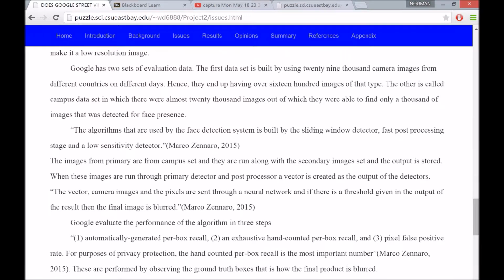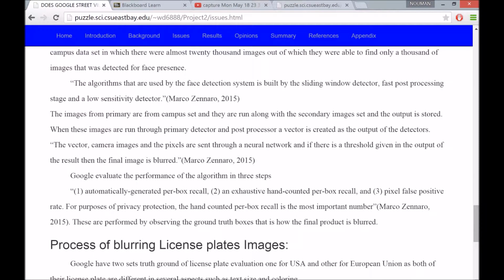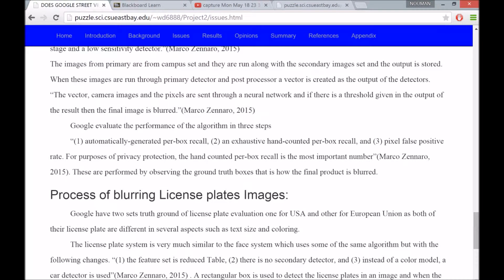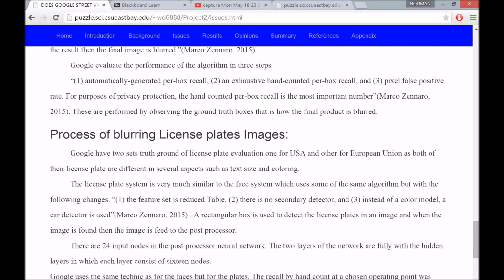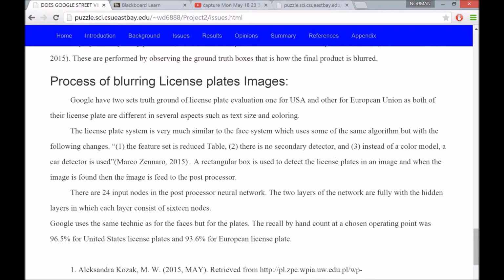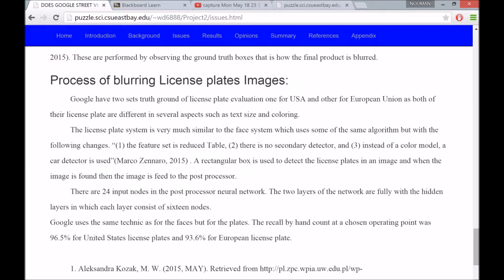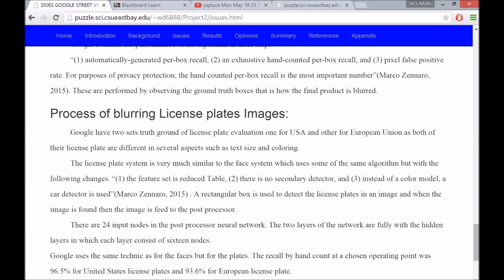They are able to blur up to 87% for human faces, and they are able to achieve 93.6 percent for the European license plates, and 96.5 percent for United States license plates.